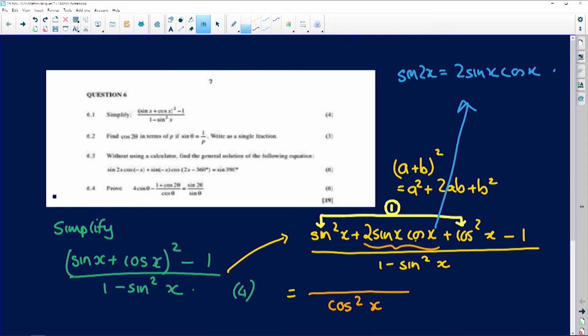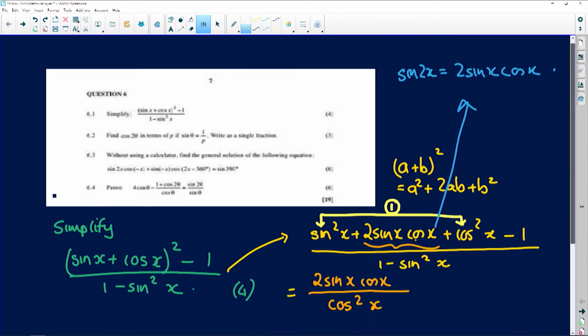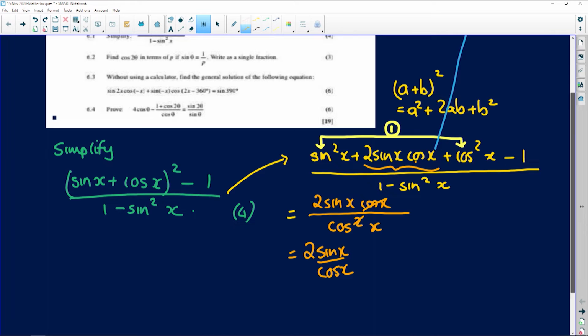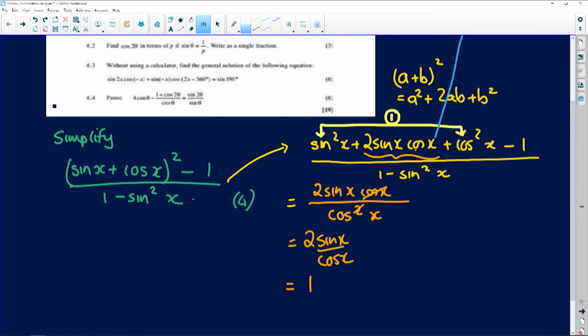I have 2 sine x cos x at the top, and that simplifies beautifully to the square, and the cos goes away. I have 2 sine x over cos x, and we all recognize that as our quotient identity for tan x.